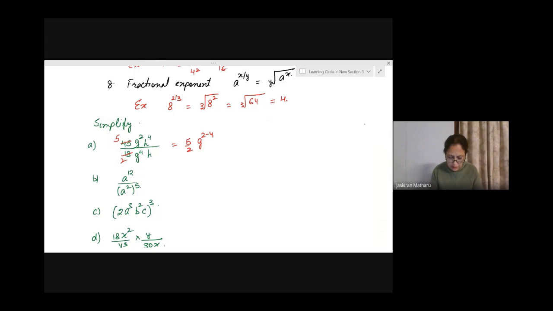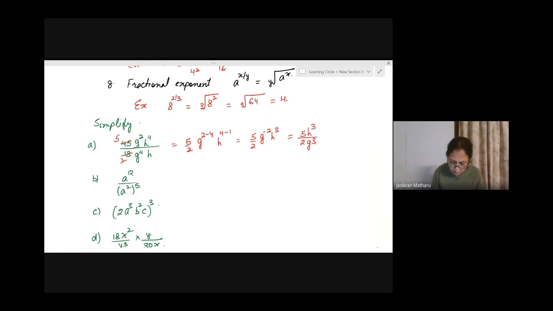So the base is same, exponents will get subtracted. And similarly, h raised to the power 4 minus 1, because this and this have the same base, h. So this will become 2 by 5 g raised to the power minus 2 h cube, or it can be simply written as 2h cube divided by 5g square.